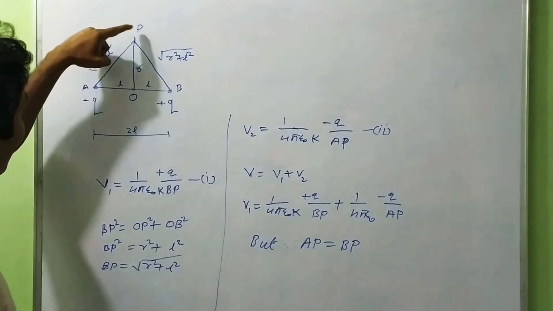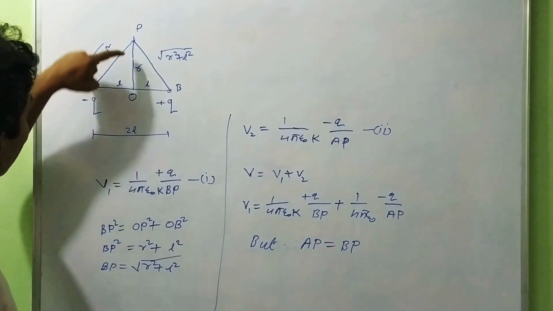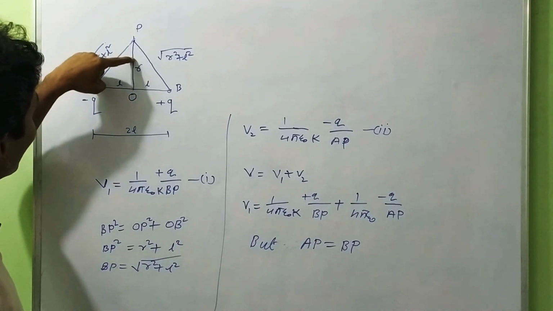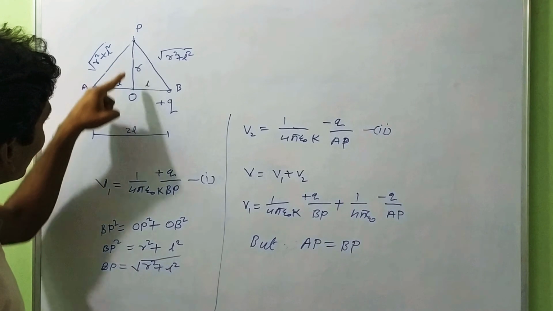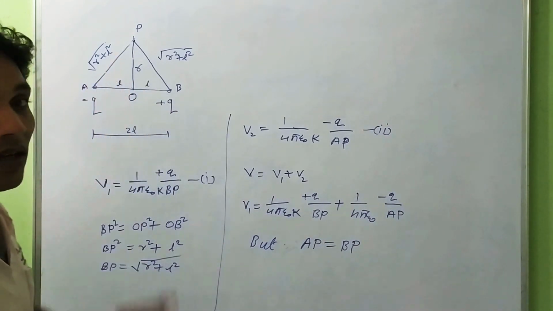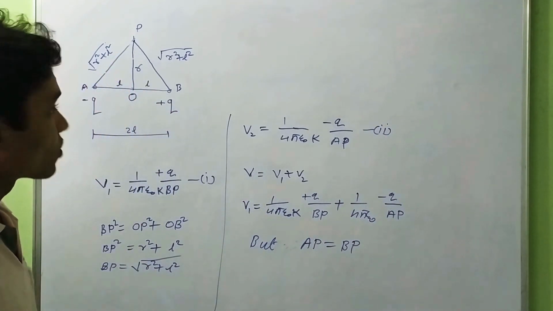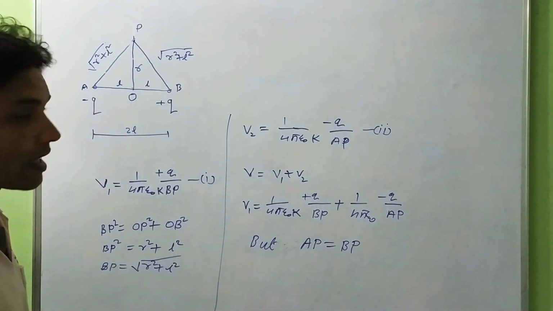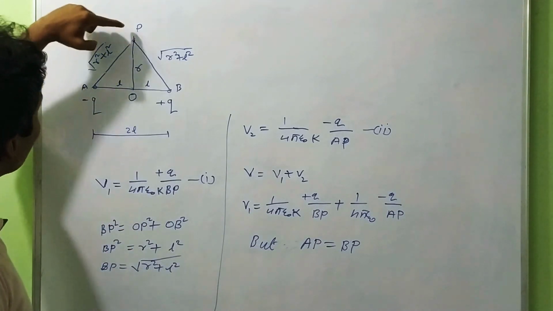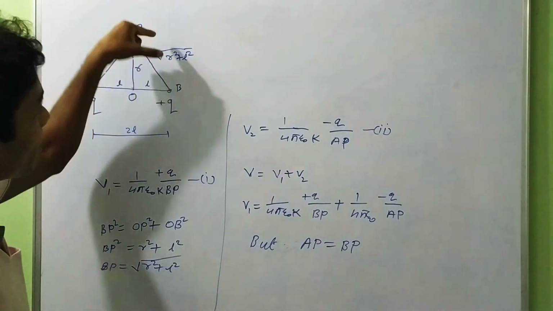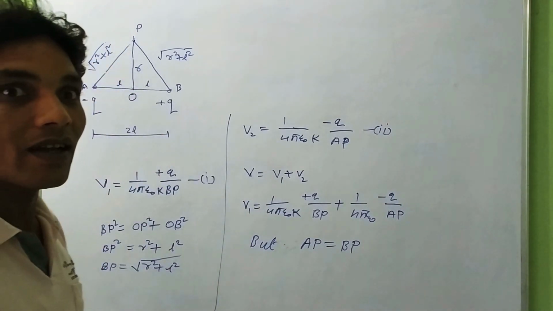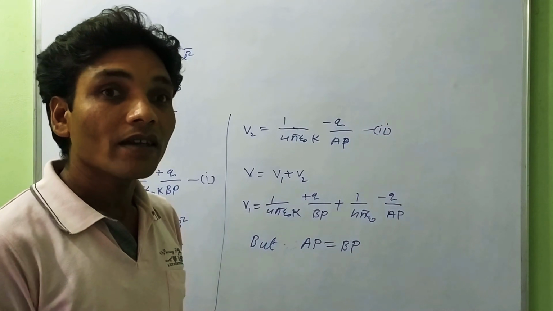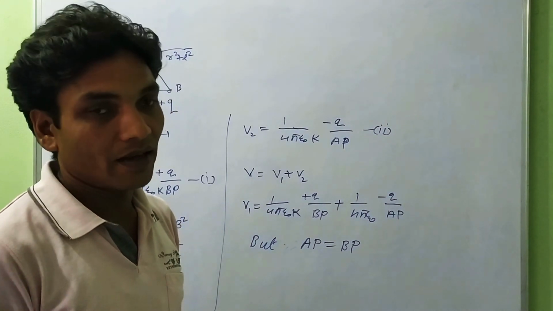Now OP is common for both triangles, so this is equal for both. That's why AP will be equal to BP. These two triangles are similar triangles.